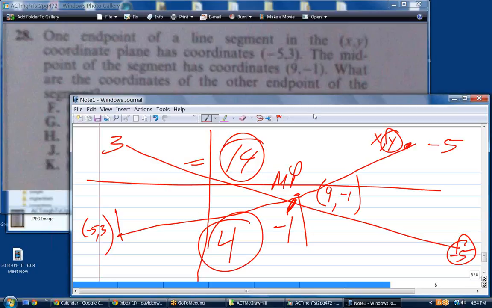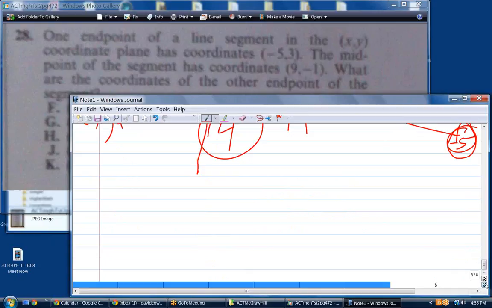Okay? So you don't really care about the signs. You care about, are we going in the consistent direction? When we went from minus 5 to plus 9, we were going left to right. So I know I have to go further right by 14 more. Well, the y is going from plus 3 to minus 1. That's going down. I got to go down 4 more units. Down 4 units from minus 1 is minus 5. All right.